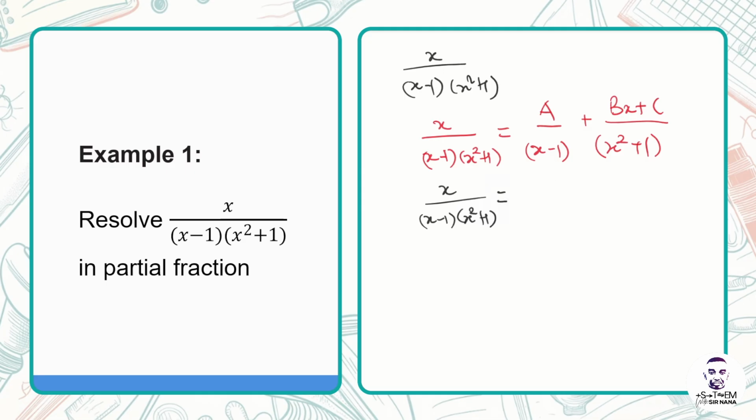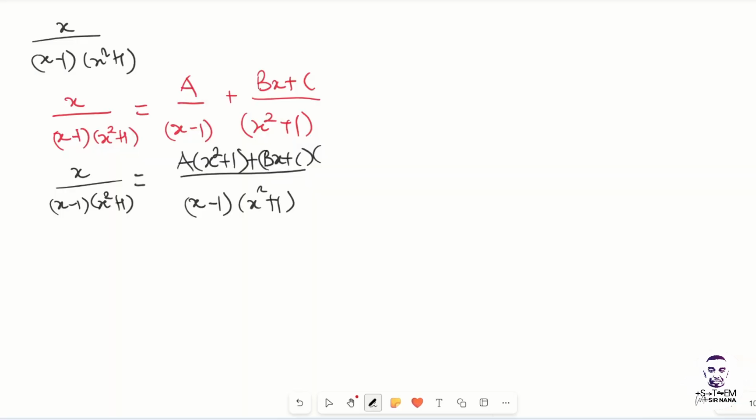Then on the right hand side, we take the LCM, so we have to find the LCM first, go through the process. So we have our LCM, which is x minus 1, and then s squared plus 1. Then we see that x minus 1 goes into x minus 1, so we have a multiplying x squared plus 1, plus bx plus c multiplying, in this case, x squared plus 1 cancels out x squared plus 1, so we have x minus 1.